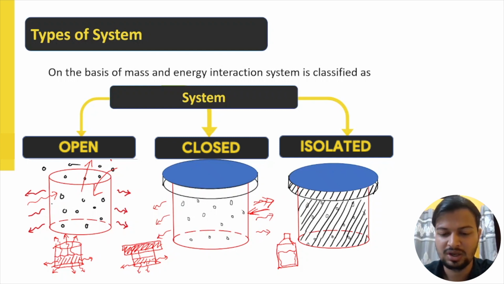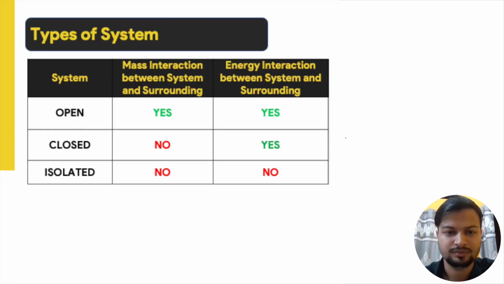That is, in a thermoflask, we are prohibiting mass from getting out or coming into the system. Also, we are prohibiting the water from losing any of its heat. We are isolating the boundary so that it doesn't lose any heat. I hope you have understood this. These three are the classification of systems as open, closed, and isolated.